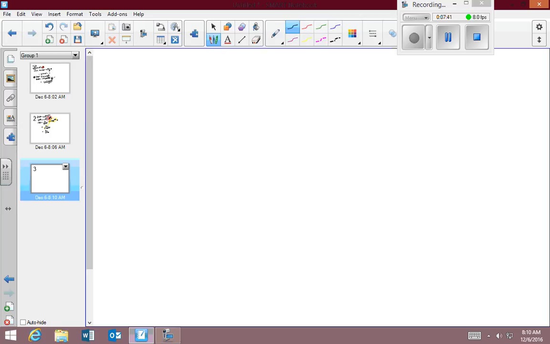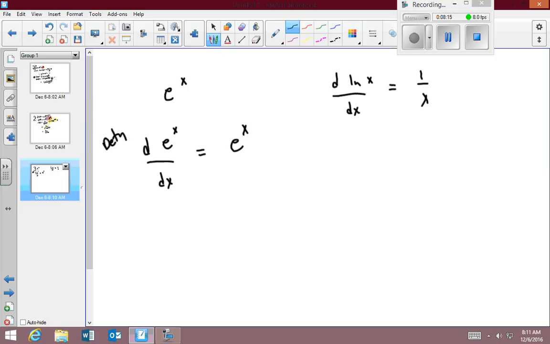What we have is e to the x, and we're taking d of e to the x dx, and that turns out to be e to the x. It's just like in the previous section, where d of ln of x over dx is 1 over x. So this is a definition. The proof of it is right above. I guess you could call it a theorem, but for the way we're doing the problem, it's a definition.